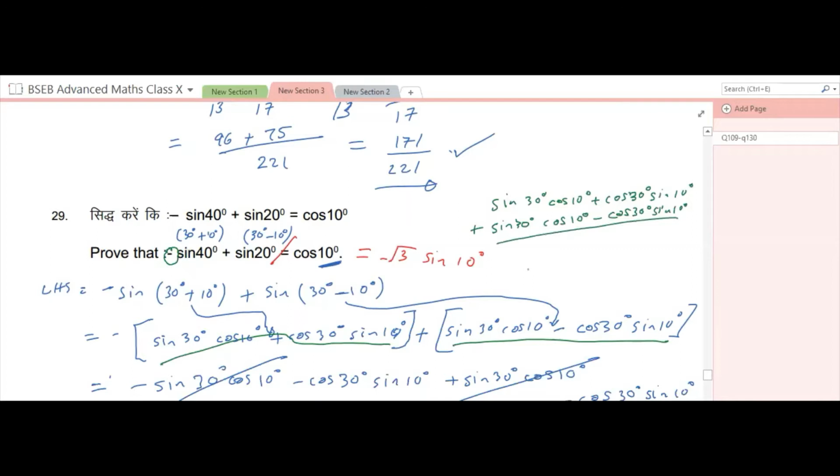If we add up these two, this and this cancel out, so we are left with 2 sine 30 degrees cos 10.